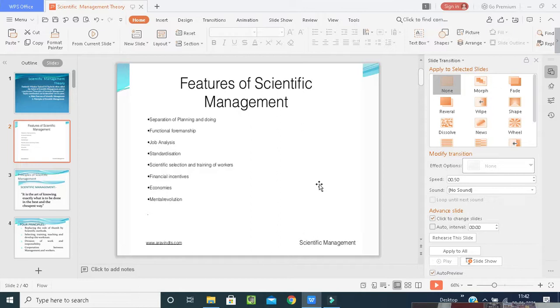Coming to the next one, economics. So what does it consider? Taylor suggested that adequate consideration be given to economy and profit. The economy and profit can be achieved by making the resources more productive, as well as by eliminating wastage. That means whatever the employees are doing, they have to work in an effective way and remove the wastage.